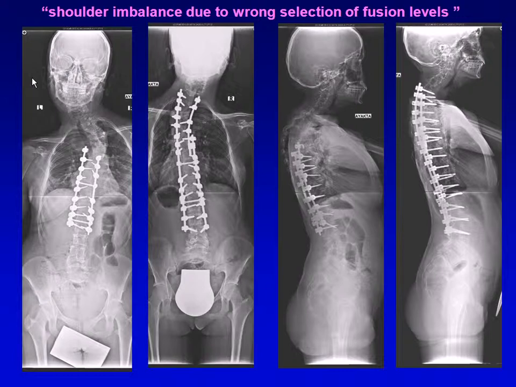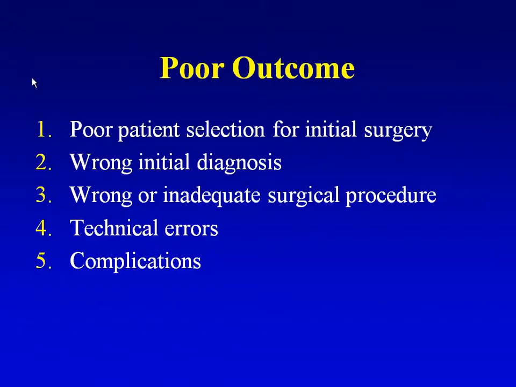And the other case is a wrong selection of fusion level, with shoulder imbalance and trunk shift of the body, and you can see the revision and vertebral body with coronal and sagittal balance. Poor outcome can be seen with poor patient selection for initial surgery, wrong initial diagnosis, wrong or inadequate surgical procedure, technical errors, and complications.